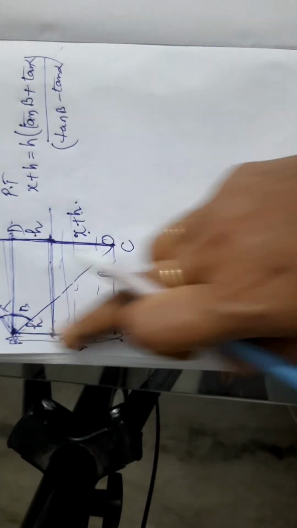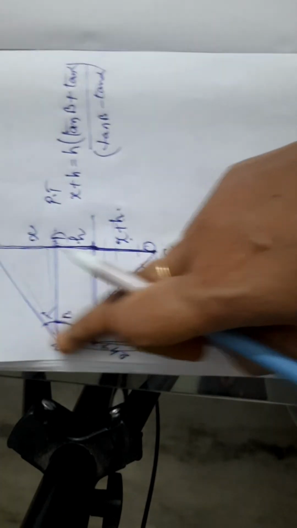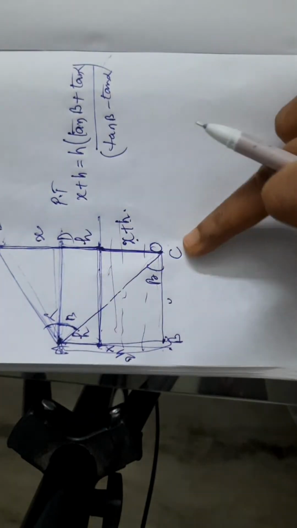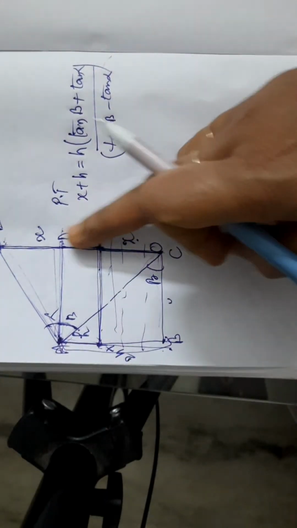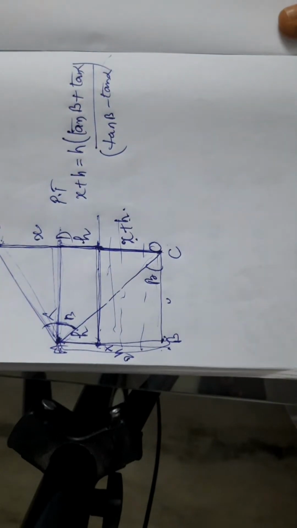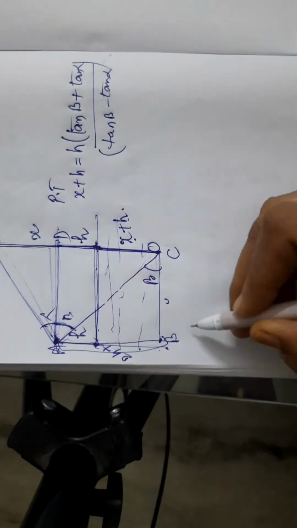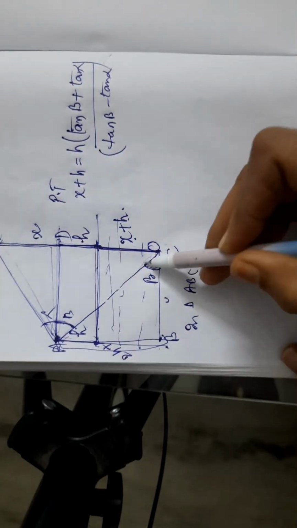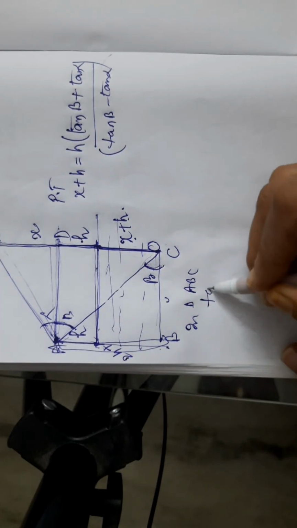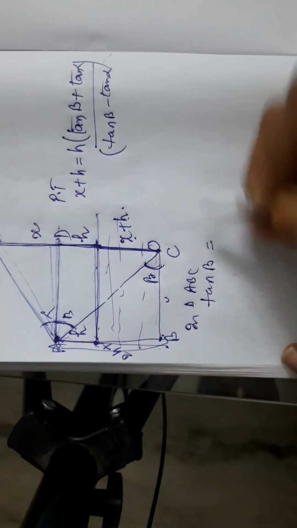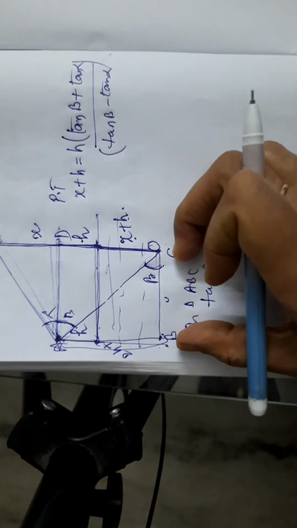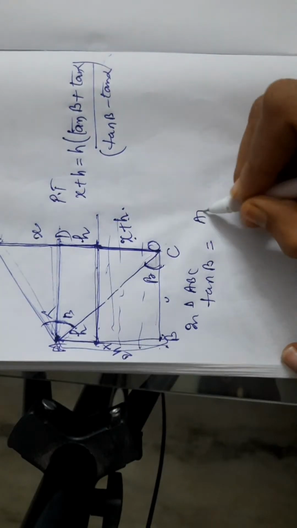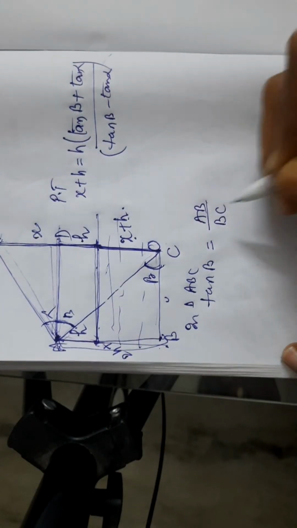First we'll take the triangles one by one. One triangle is ABC, another triangle is ADE. So we'll start our solution from there. In triangle ABC, the angle is beta. So tan beta is equal to perpendicular upon base, that is AB upon BC.